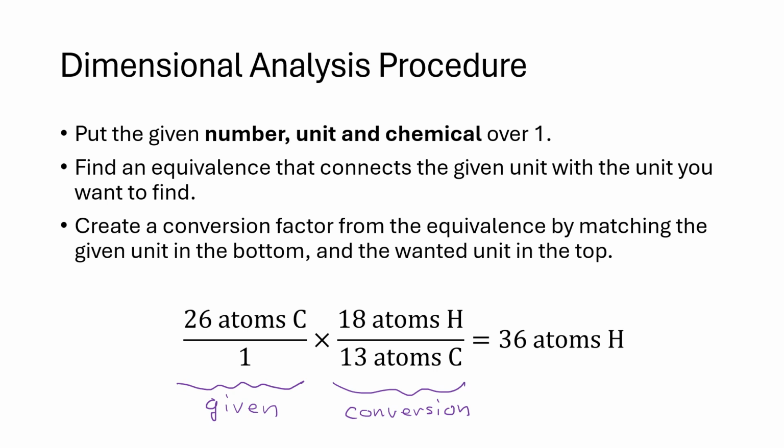Down in the bottom, I'm going to match what I already have been given, and up in the top, I'm going to put what we're looking for. And you'll notice atoms of carbon are going to nicely cancel out, and we can also cancel out a 13. It often helps if you can do any simple cancellations that you might happen to notice.